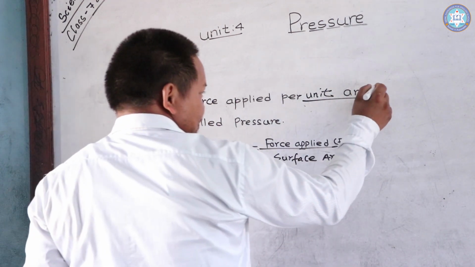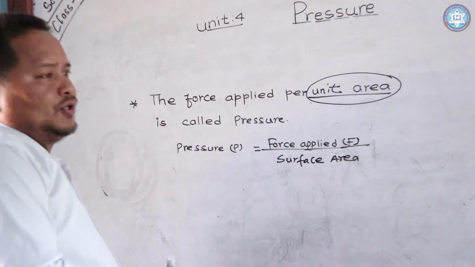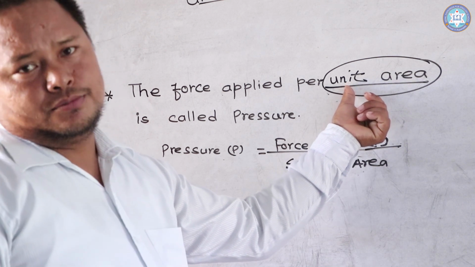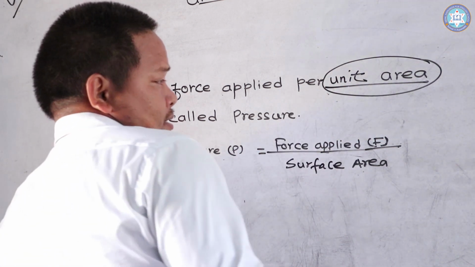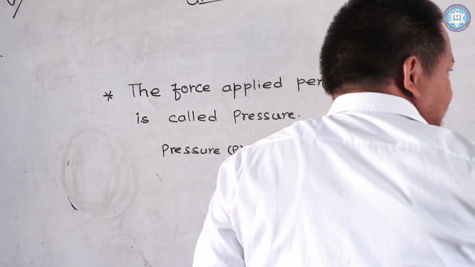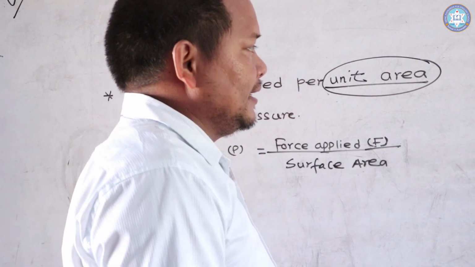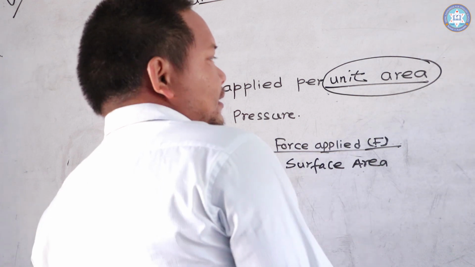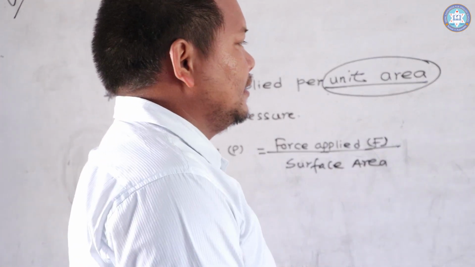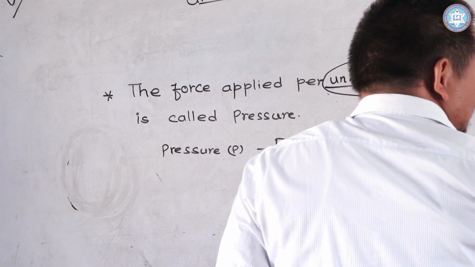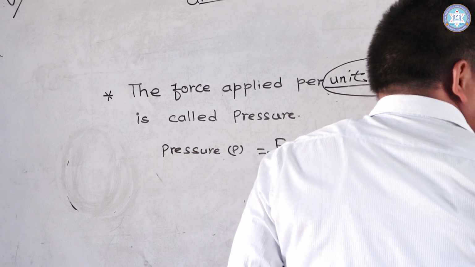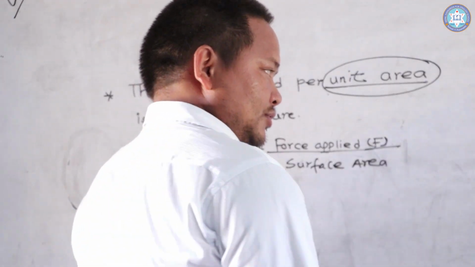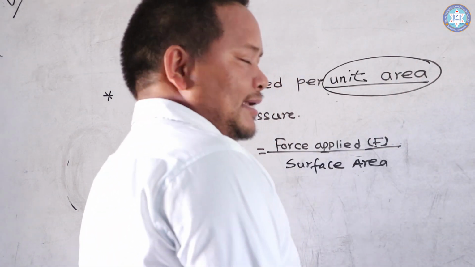Here is unit area. Most of the students are confused on this unit term. This is the formula to find out the area mathematically by multiplying length and breadth. If length and breadth are in centimeter, then 1 cm and 1 cm, its result is 1 cm square, and this is unit area.